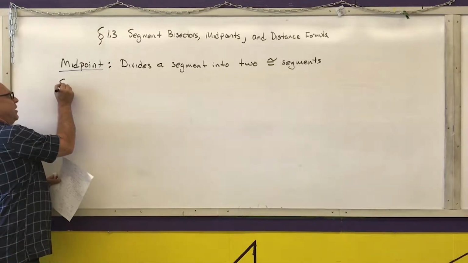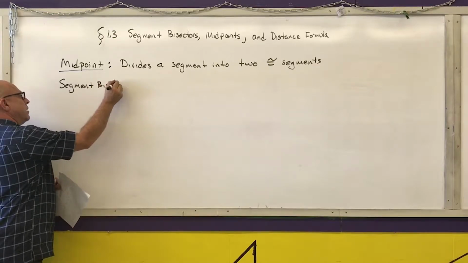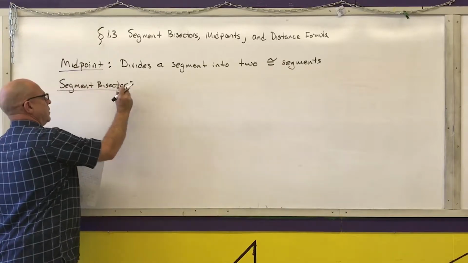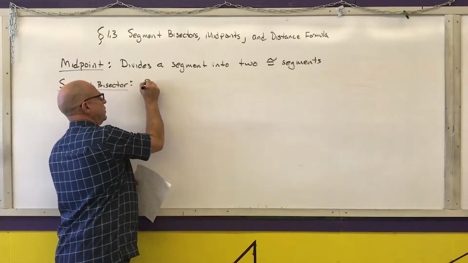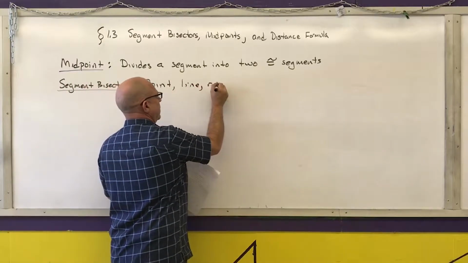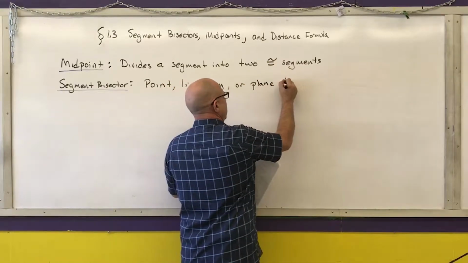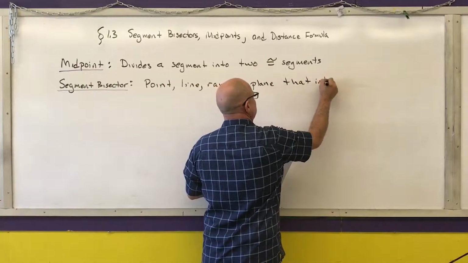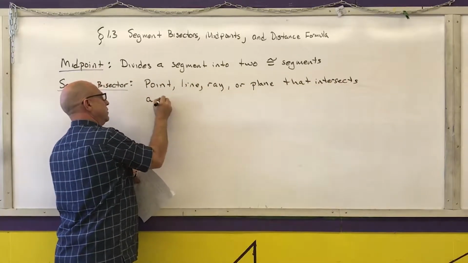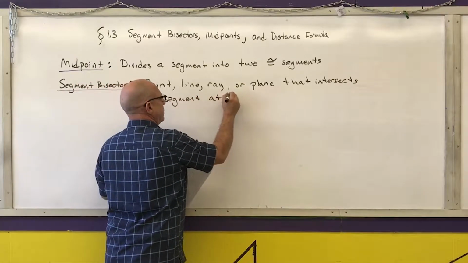A segment bisector is a point, line, ray, or plane that intersects a segment at its midpoint.